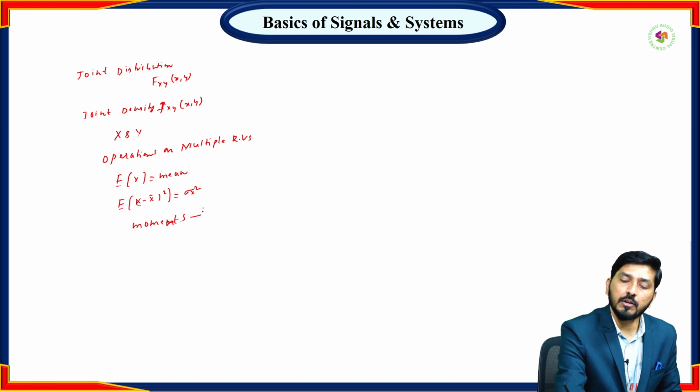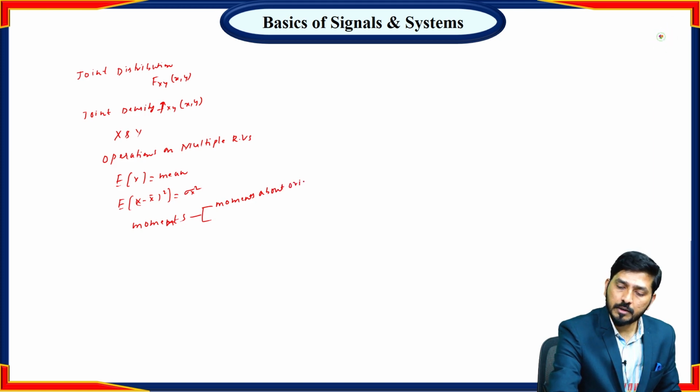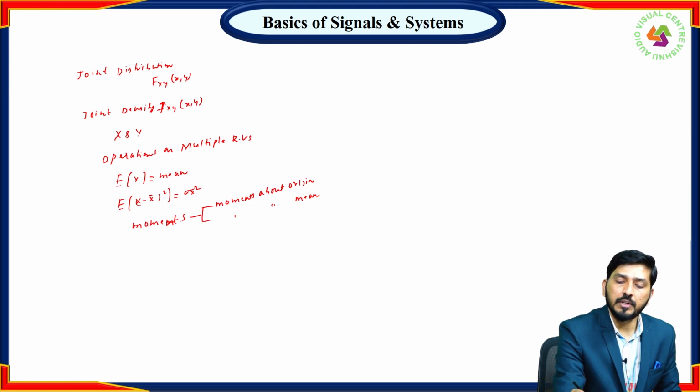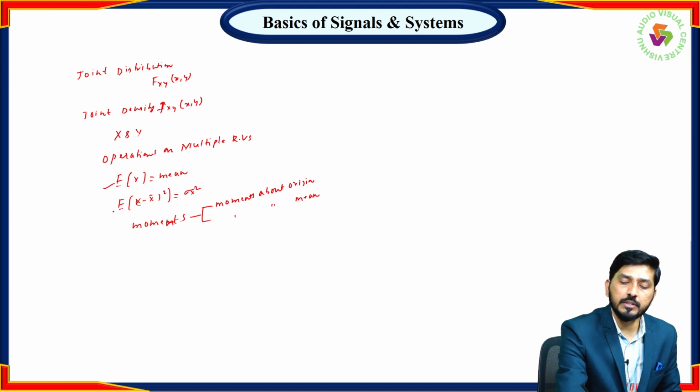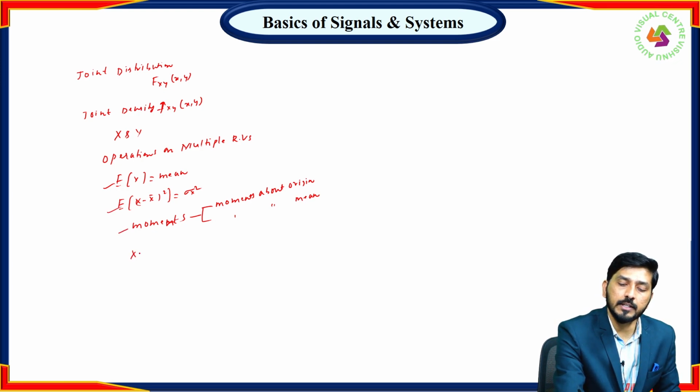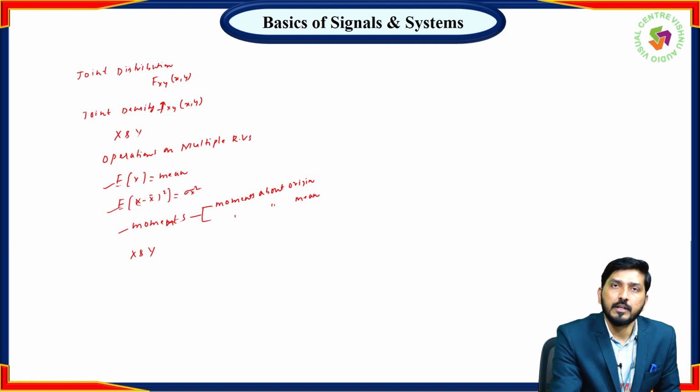There we have seen two different types of moments: moments about origin and moments about mean. Now we will see the same operations for the two random variable case, that is X and Y.